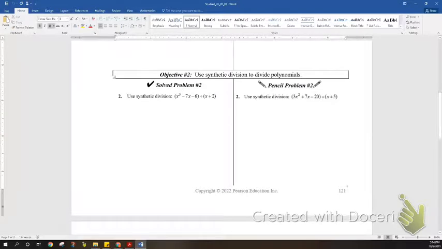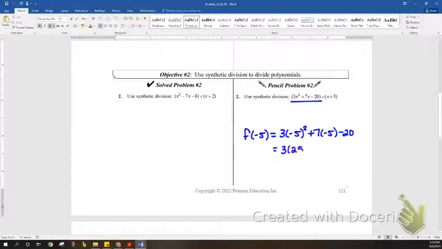We divided by the x plus 5. So if I would have found f of -5, this would tell me what was in that box. So if I plug -5 in right here and solve it, we just said a remainder in that box is a 20. I should get a 20 out of this. So let's check.